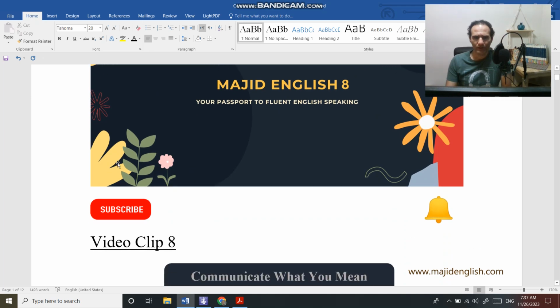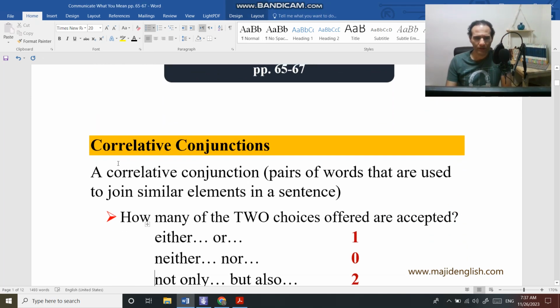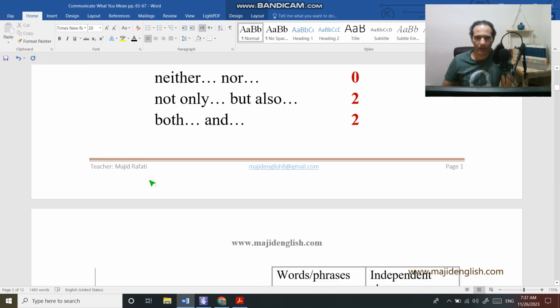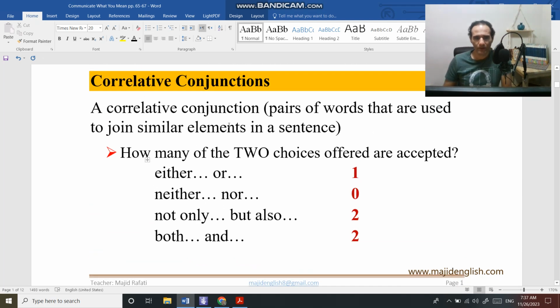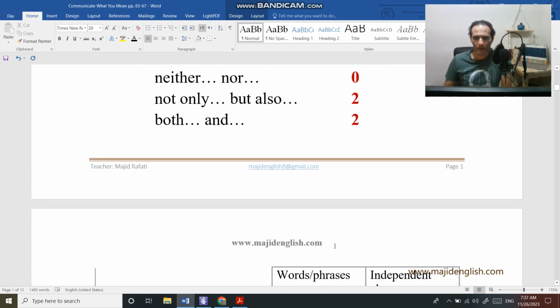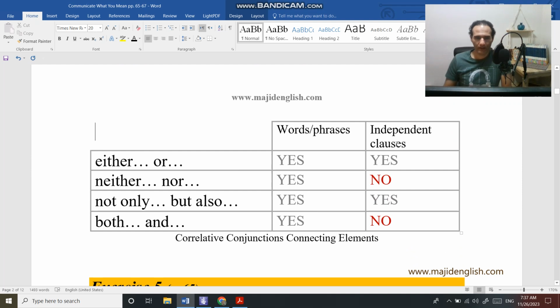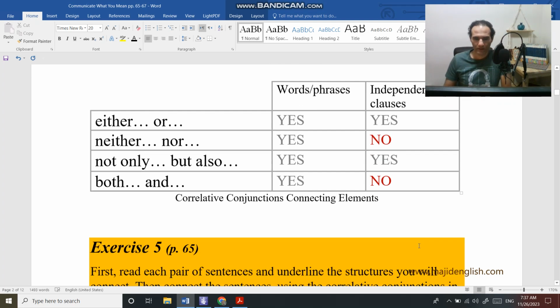What did we talk about today? As a clip review, today I taught you a review of correlative conjunctions and how many choices you have with each of them, whether they can connect independent clauses or not. We said that neither...nor and both...and cannot connect two independent clauses together.